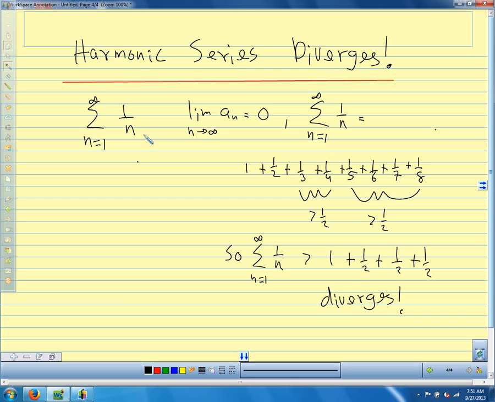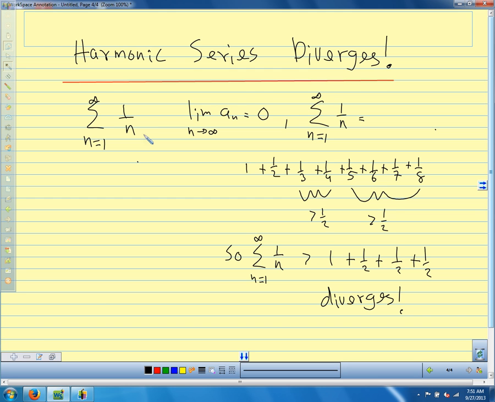So it's a strange thing. And we'll talk about another strange thing that happens with convergent alternating series. Turns out that you can rearrange the terms of a divergent alternating series to get any sum you want. So we can't rearrange the terms of an alternating series. We'll talk about that later.